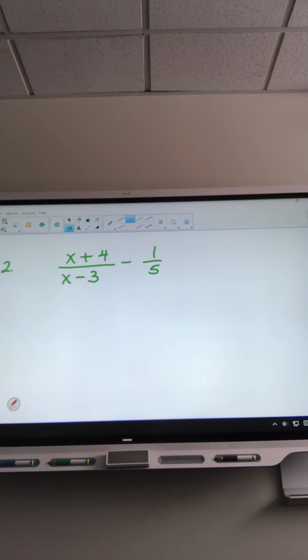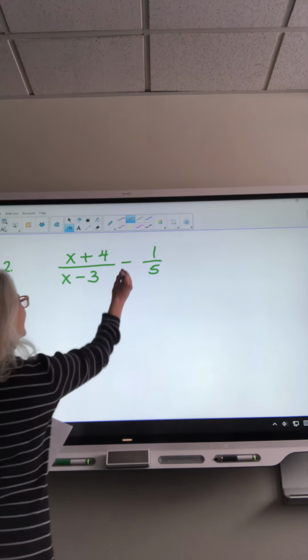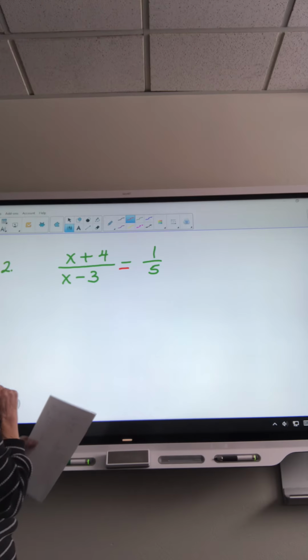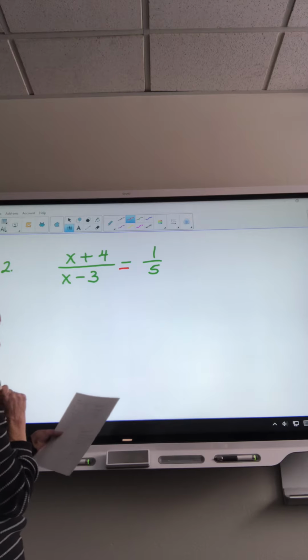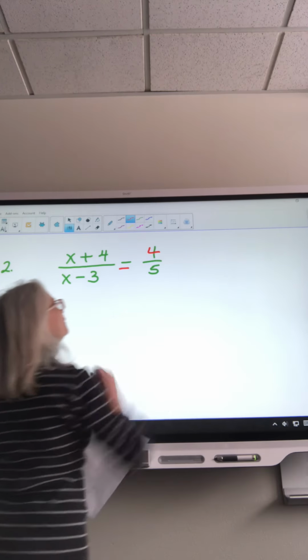Okay, so for number 2, I'm checking to be sure I wrote it down correctly because it looks kind of goofy to me. Okay, it's x plus 4 over x minus 3 is equal to 4 over 5.